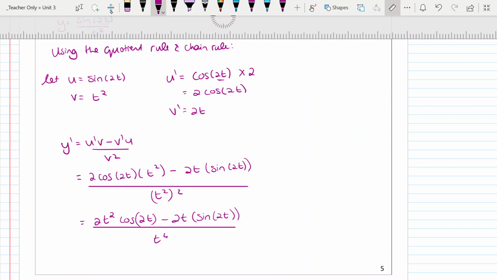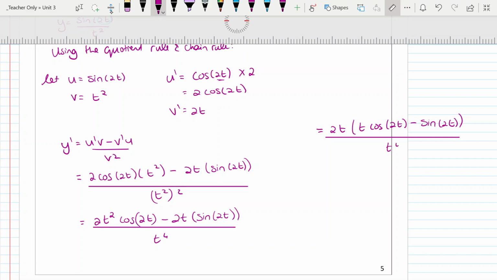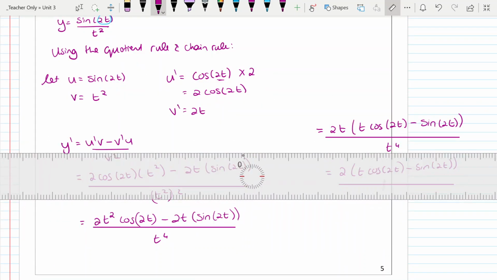So I then could have, let's take out a 2t and I'm left with t cos of 2t minus sine of 2t over t to the 4. And I can cancel out 1t, so I've just got 2t cos of 2t minus sine of 2t over t cubed.